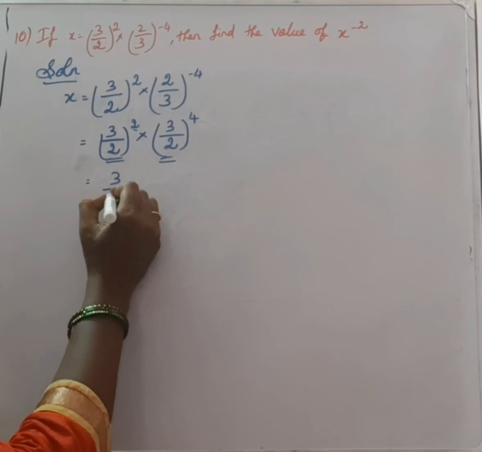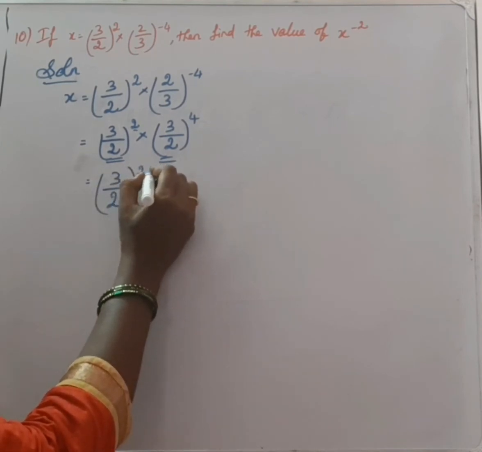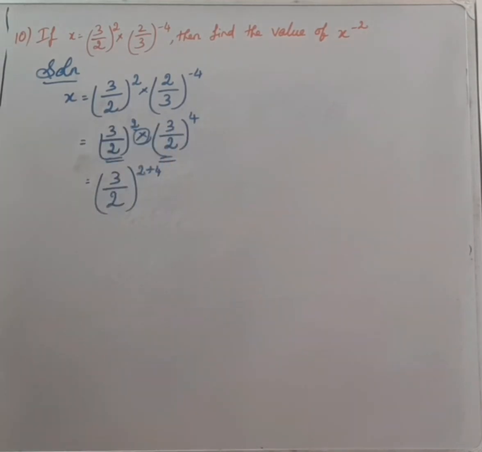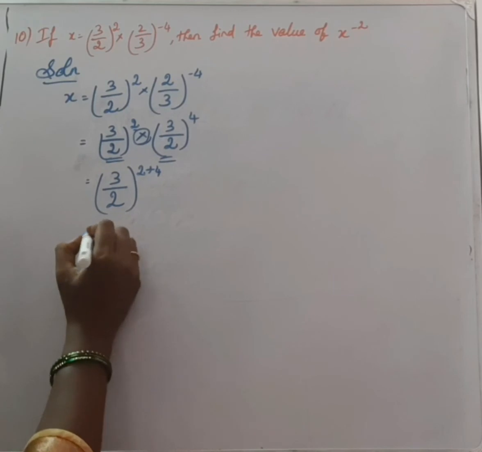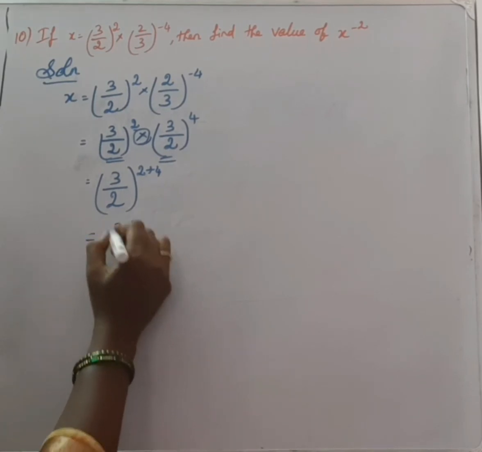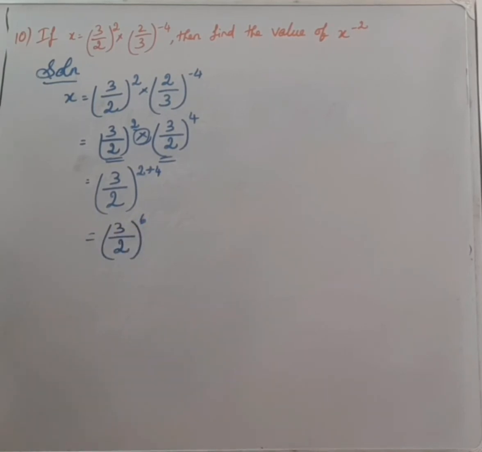So base to the power 2 plus 4, because the operation is multiplication. So we want to apply the first law. So what is the value we get here? (3/2) to the power 6.